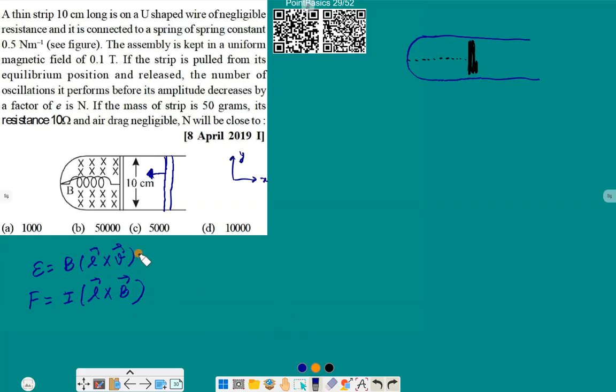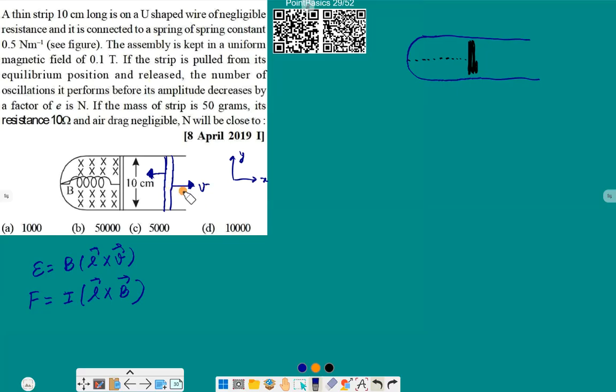Now if we look at the induced EMF due to the motion, as our strip is moving in the positive x direction, the EMF will be induced in such a way that it opposes this motion.